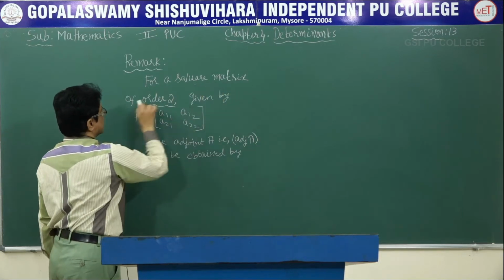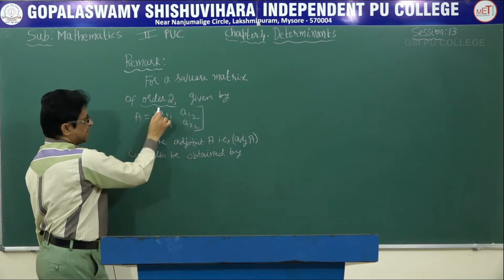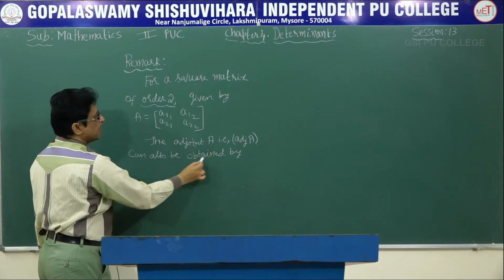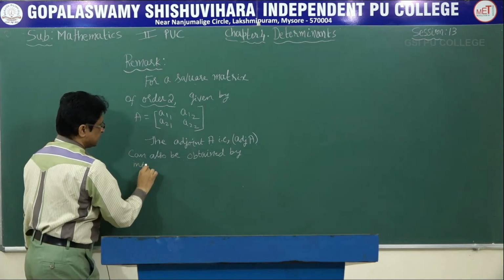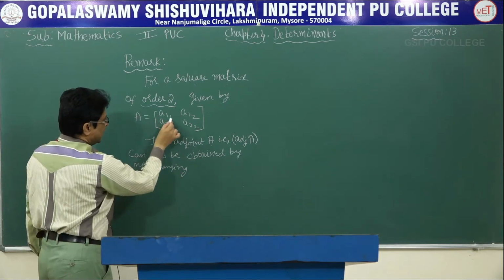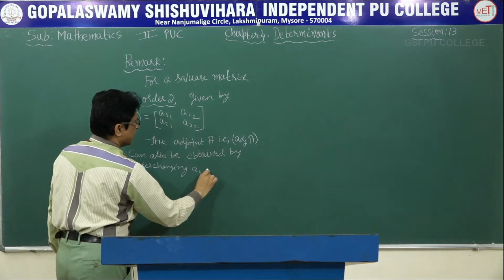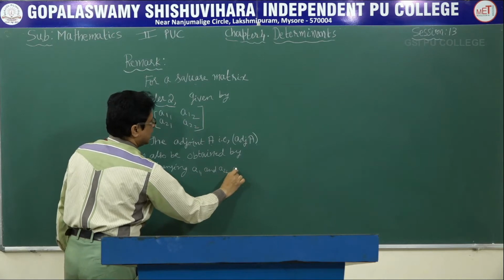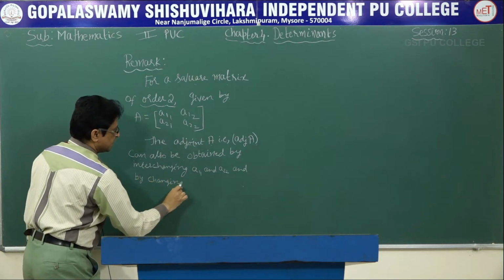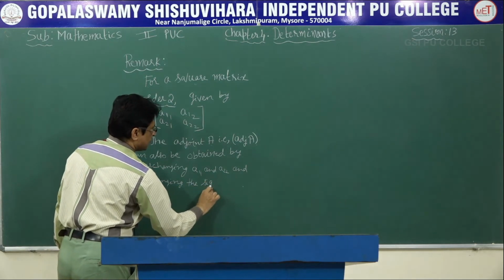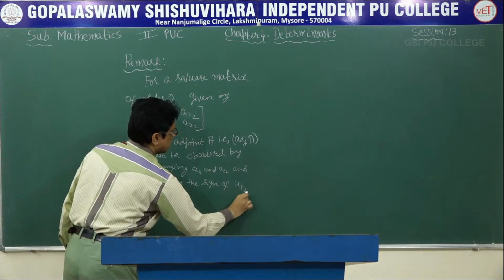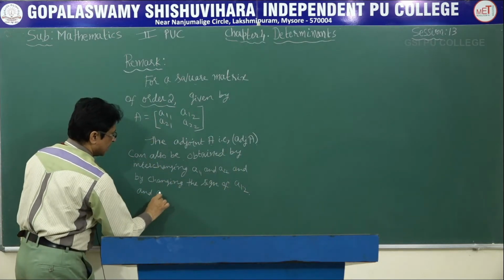For a square matrix of order 2 given by A equals a11, a12, a21, a22, the adjoint A can also be obtained by interchanging a11 and a22, and by changing the sign of a12 and a21.